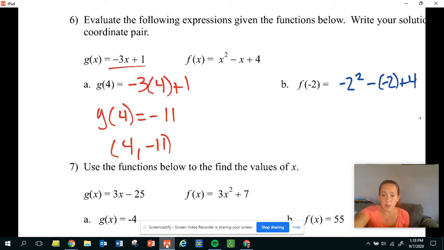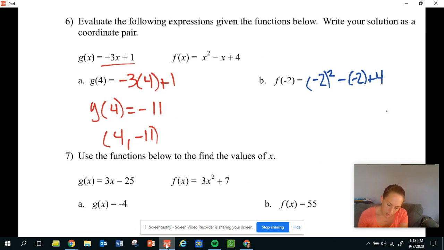Because if you type that into your calculator straight, you will get the wrong answer because it's going to square the 2, but it won't square the negative. What you need to put is this, -2 all together squared, minus -2 plus 4. Because negative 2 squared is going to be -4, but -2 squared is +4.